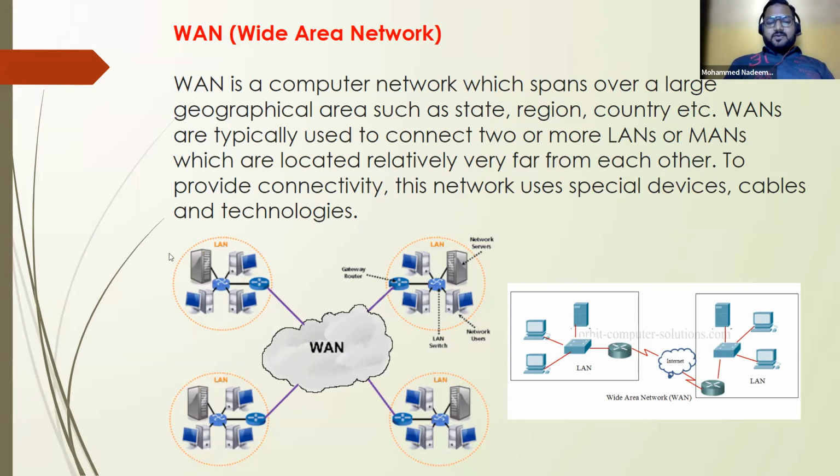Let's say you have one office in Hyderabad, another office in Dubai, another in UAE, Saudi, and another office in USA. You want to connect them, so you need to use a router there and take the help of an ISP. ISP is an internet service provider. The ISP provides two types of connectivity.